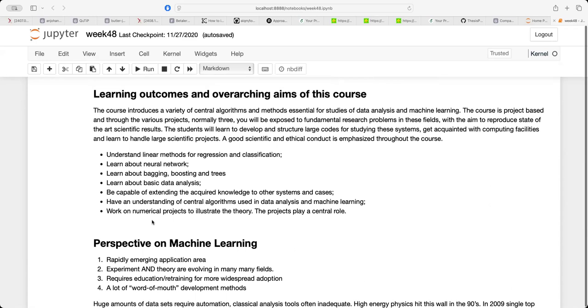If you look at the kind of learning outcomes, this is our ideal. And then when you read this, you can ask yourself whether we have achieved it or not. The last weekly exercise is actually you giving feedback to us. Take a look at these ideals which we have here and see if that matches with the kind of learning outcomes you feel we have given you.